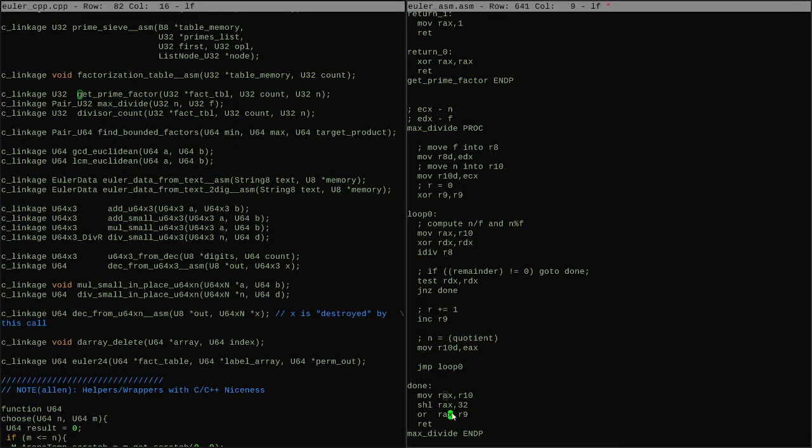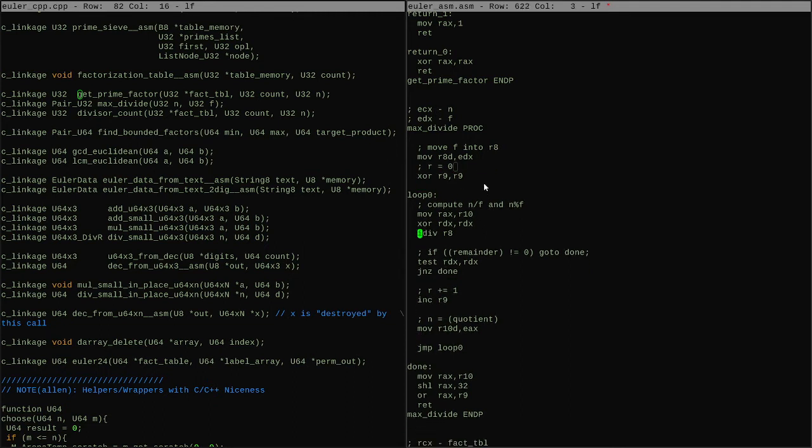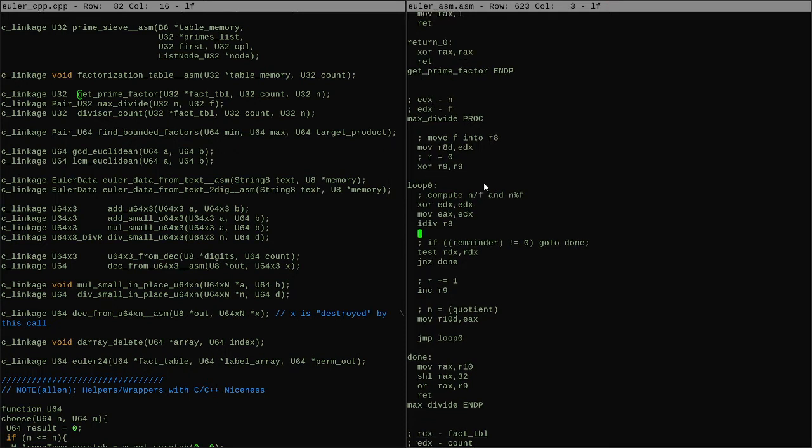So this is me returning a pair in RAX. So yeah, moving this into there doesn't make a lot of sense. I could just use... Let me see. There's our 0. I bet I can get away with that for clear to 0.